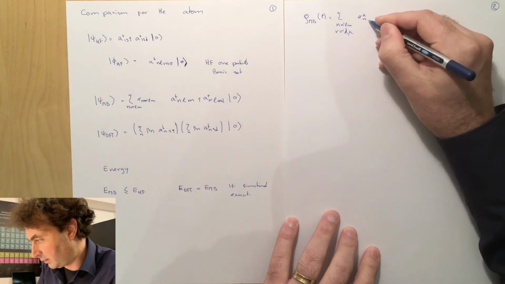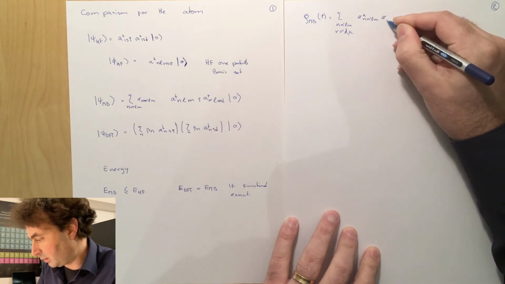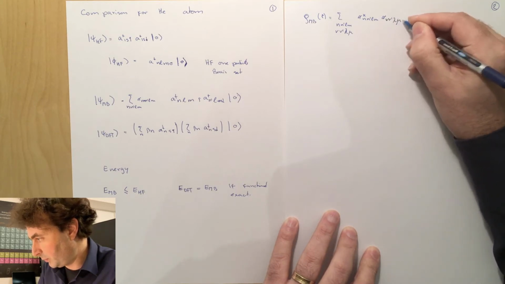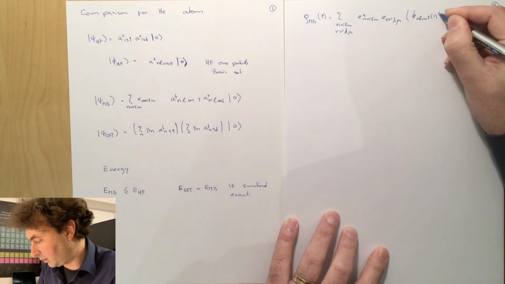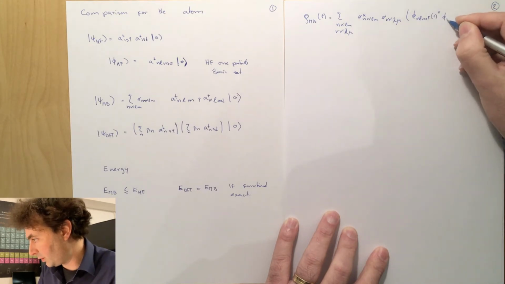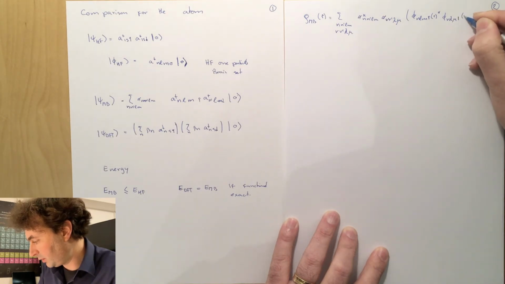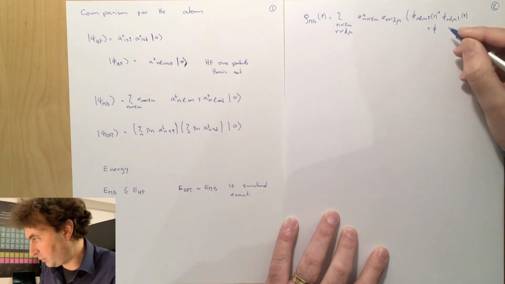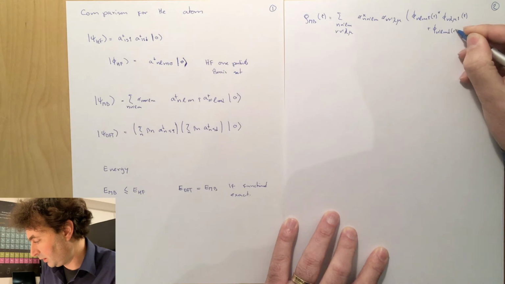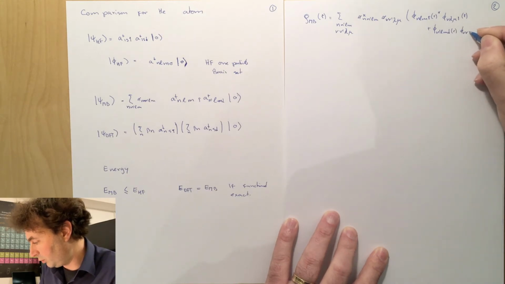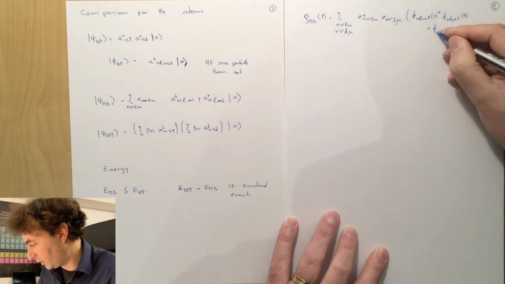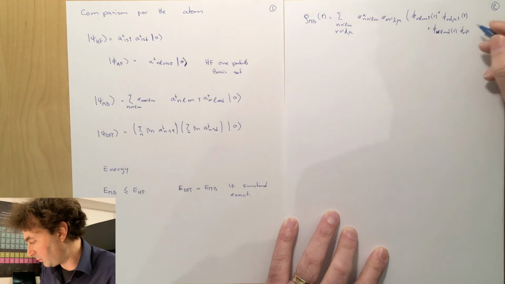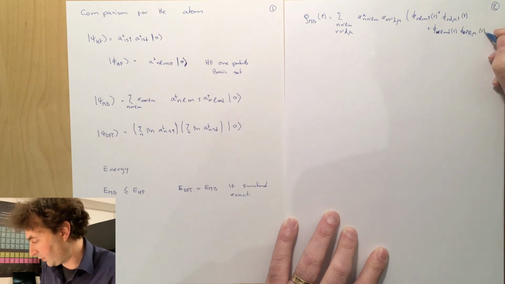We have an alpha n prime l m, an alpha nu prime lambda mu, and then the combination of psi n l m with spin up at R complex conjugated times psi nu lambda mu with spin up at R, plus, and then for the spin down part, psi n prime l m with spin down at R complex conjugated times psi nu prime lambda mu at R, also with spin down.